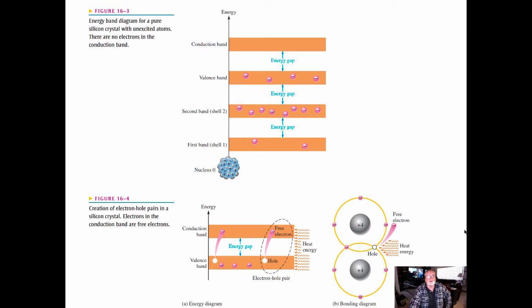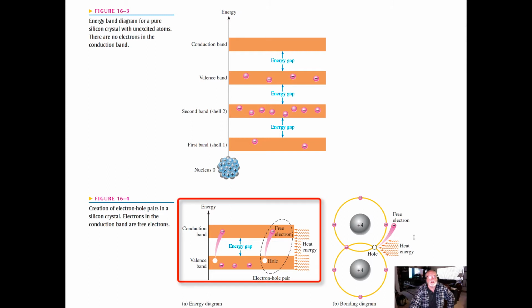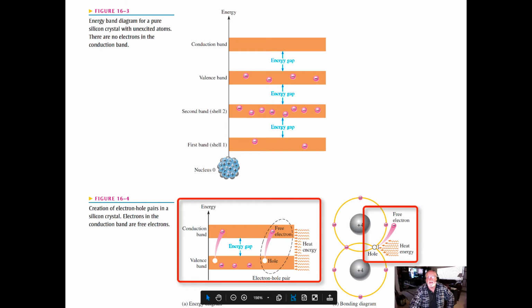So the creation of electron hole pairs in a silicon crystal, moving from valence to conduction, the electrons in the conduction band become free electrons. You can see here in the diagram they've put a little heat on to excite the valence electrons, and then they will start moving from the valence band into what we call the conduction band.